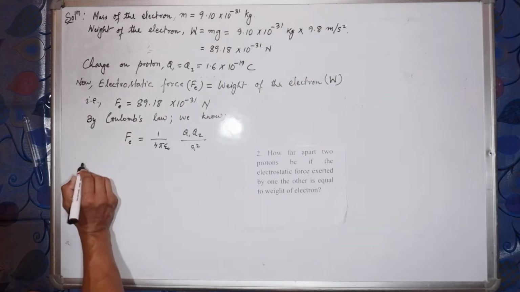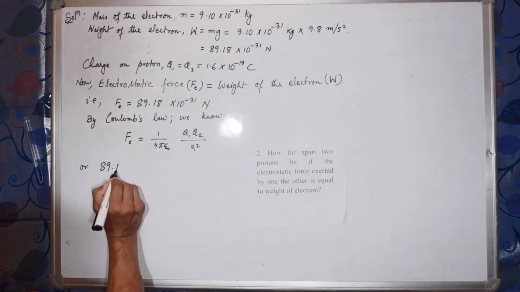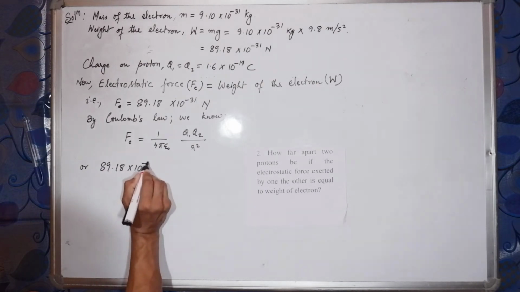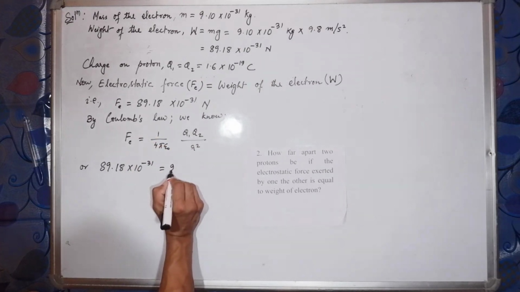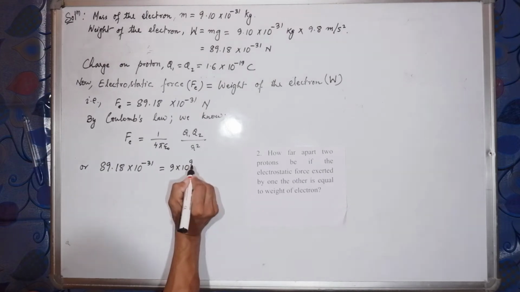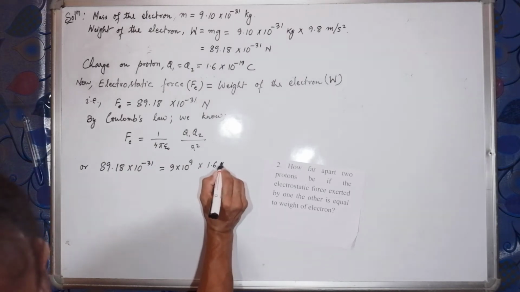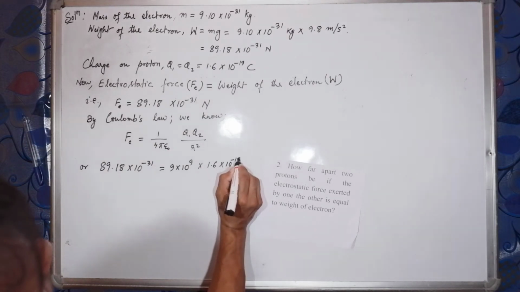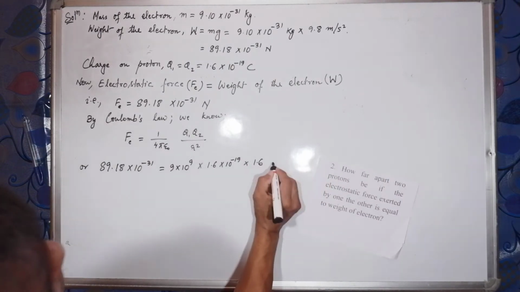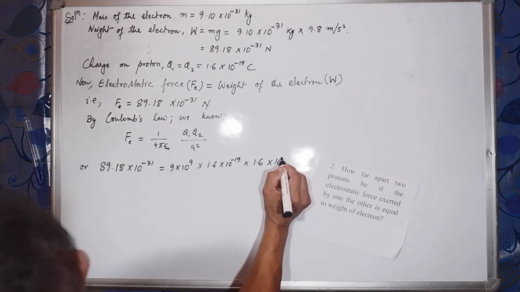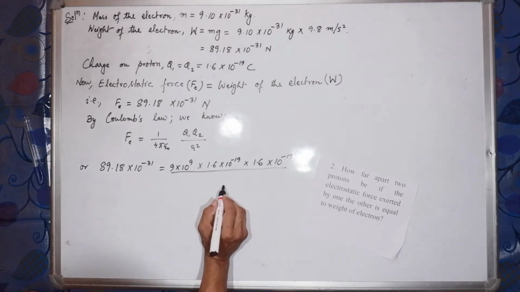Instead of Fe, I will write 89.18 into 10 to the power minus 31, which is equal to, instead of 1 by 4 pi epsilon naught, 9 into 10 to the power 9, into Q1, which is 1.6 into 10 to the power minus 19, into Q2, which is also 1.6 into 10 to the power minus 19, divided by r square.